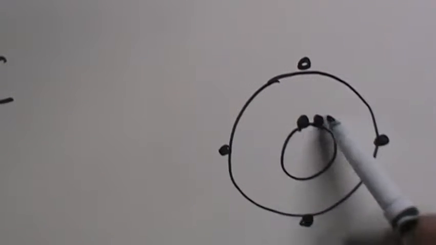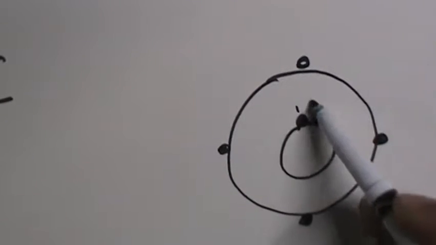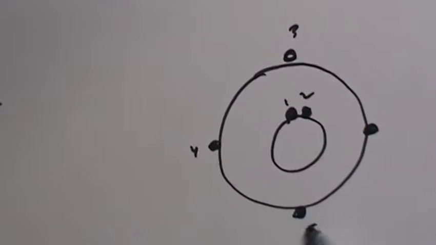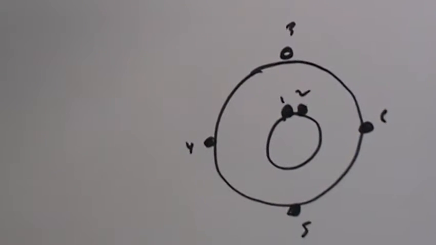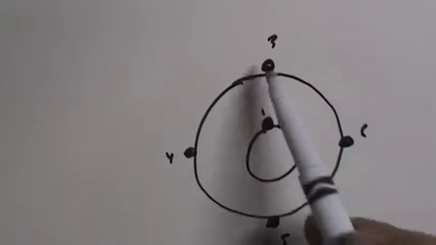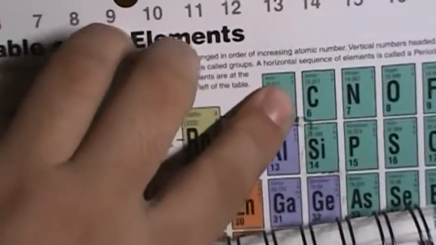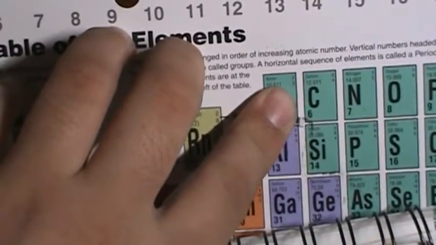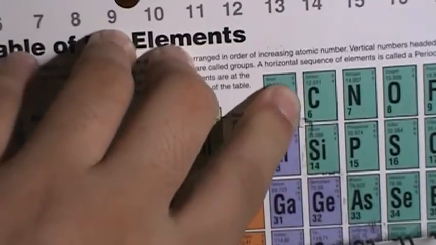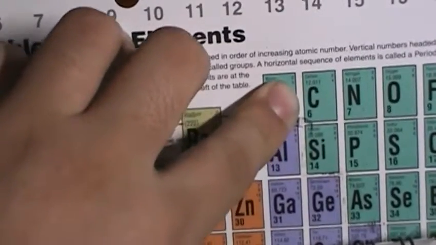I have 6 total electrons. 1, 2, 3, 4, 5, 6. And I have 4 valence electrons. 1, 2, 3, 4. This matches up with the fact that carbon is in group 14, or 4A, and must have 4 electrons on the outside.